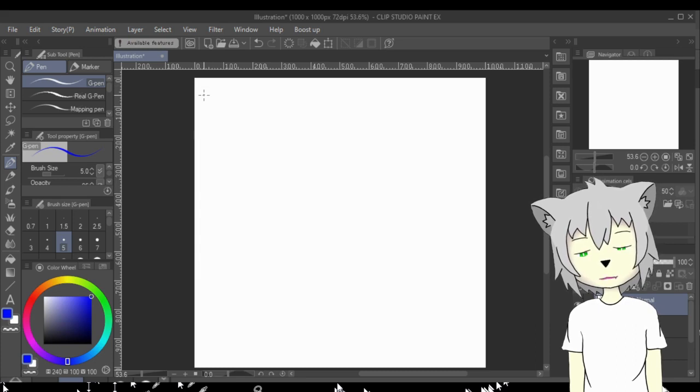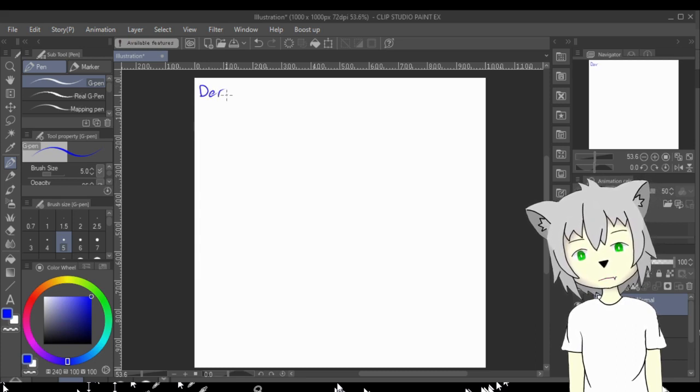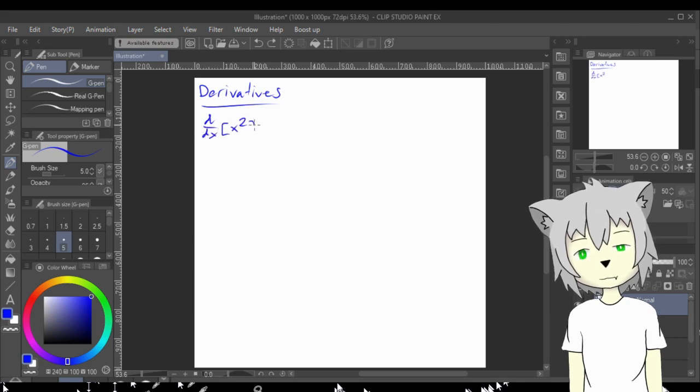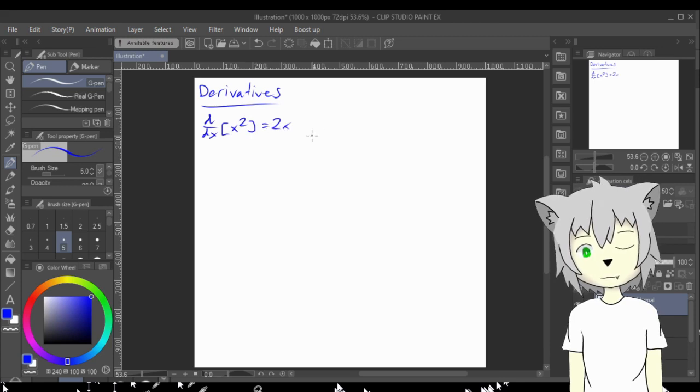Here are all the derivatives that people have found. First off, the derivative of x squared does not equal 2. Please do not think that.